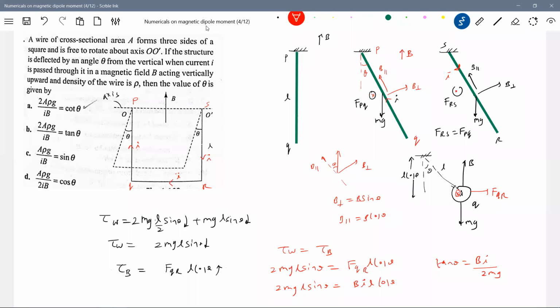What is m? m is what we assumed. So that should be equal to density rho times A. One more L will come here, no? BIL, yes.